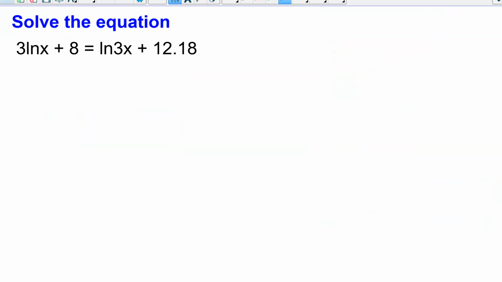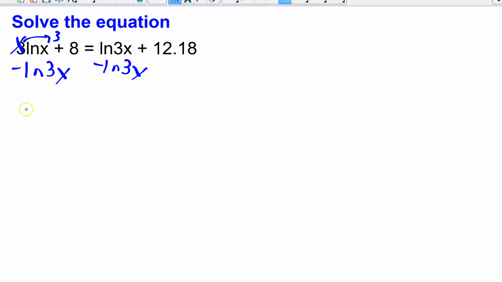Okay, let's take a look at this one, another equation. So I've got to get the x's together. So I am going to move this one over. And when I do that, in order to put these together, we'd be dividing. First thing I need to do is move that 3 back up there.